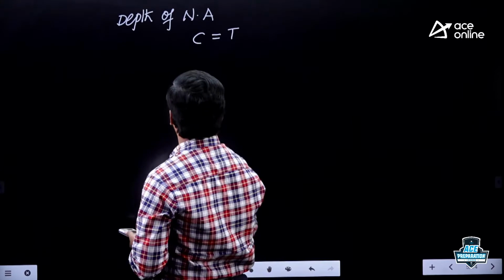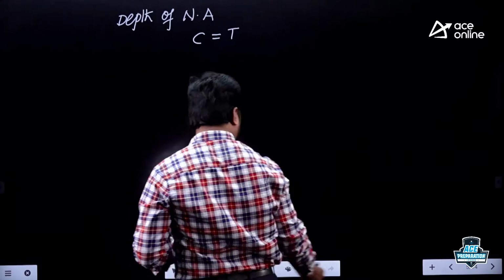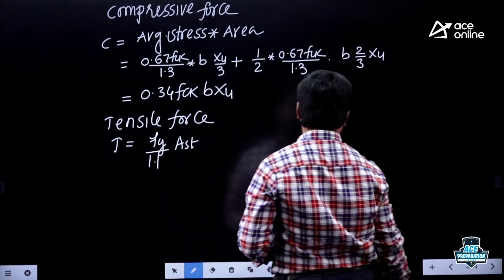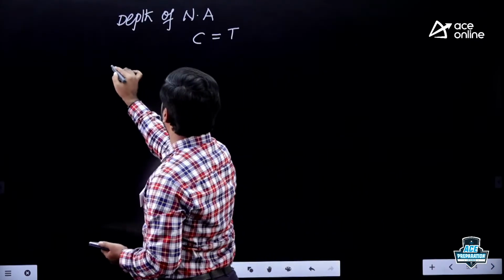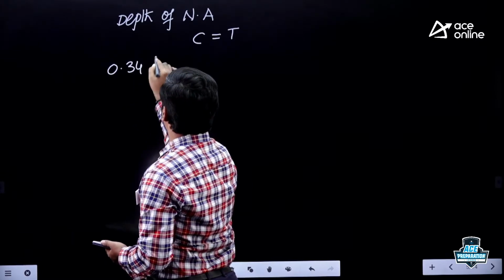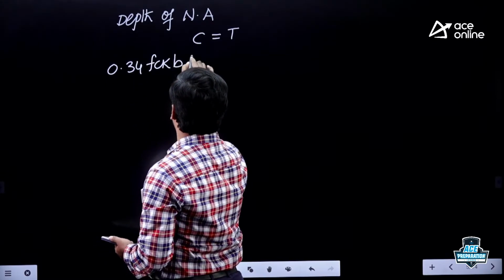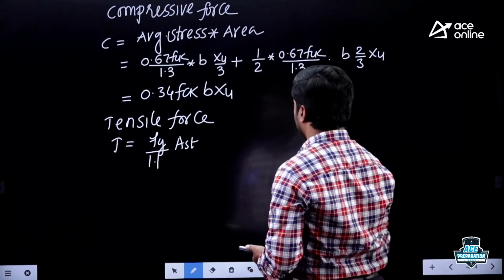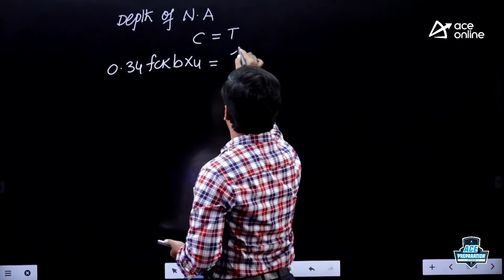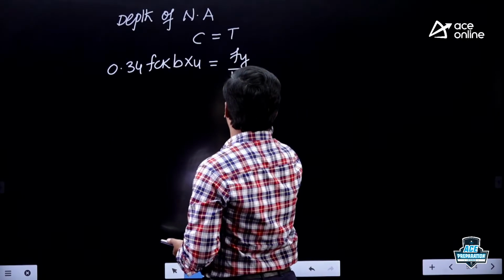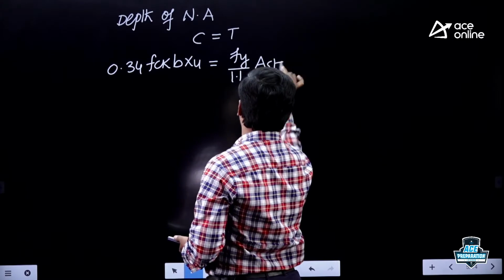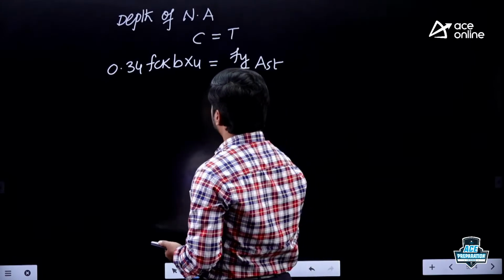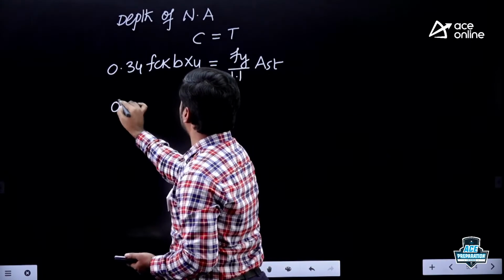Here compressive force we are getting is 0.34 FCK B XU. Tensile force we are getting Fy upon 1.1 into AST, right? Then substitute the values, you will get the XU value.